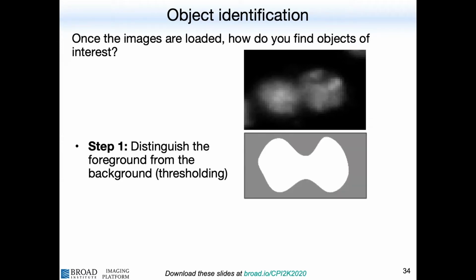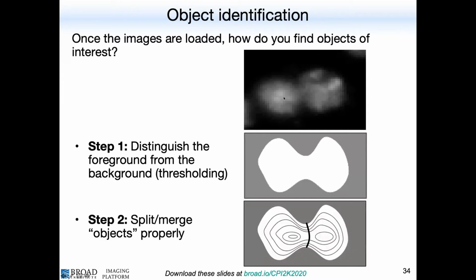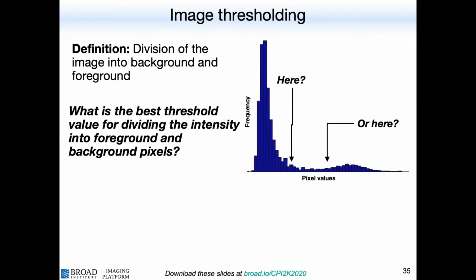The first step is distinguishing the foreground from the background. Basically, what are the things that we care about versus what we don't care about. And then we need to figure out how to split these objects or merge these 2 objects, depending on what we want to do. And this is done in the Identify Primary Objects module.